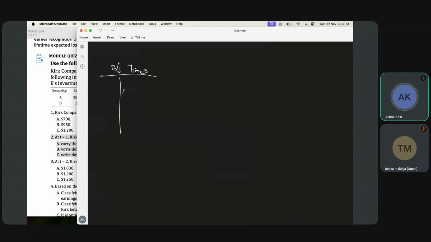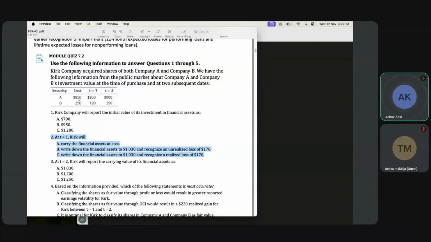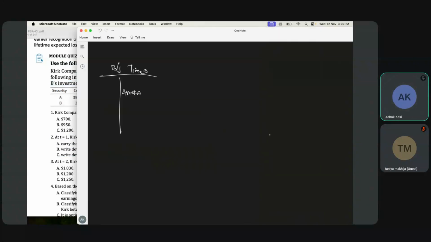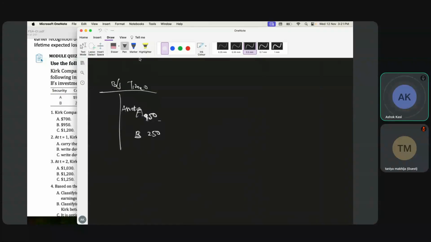Asset A will be 950, since all these are public prices. And for B, it is 250.